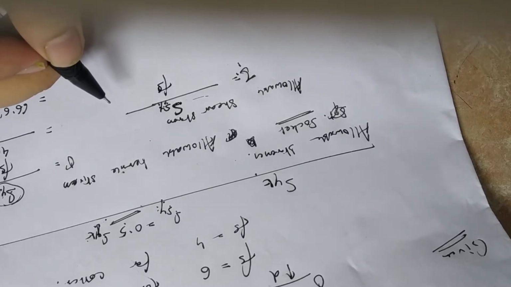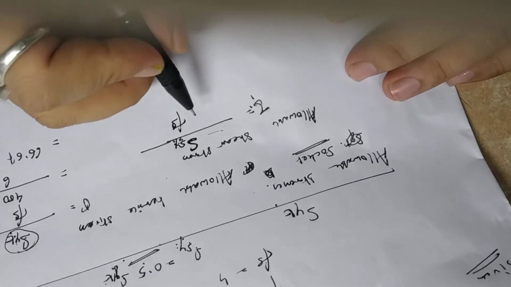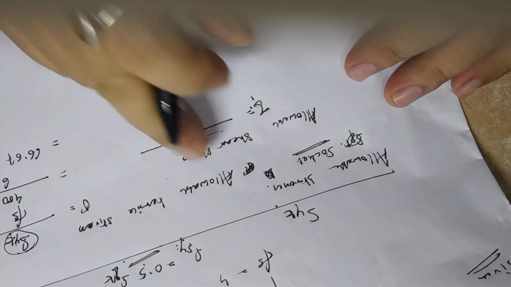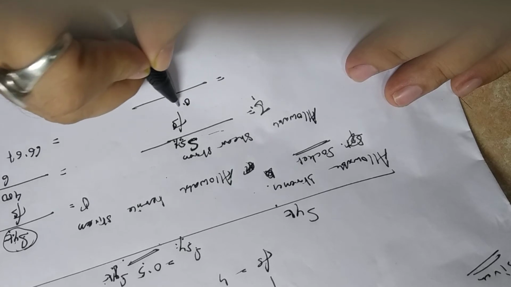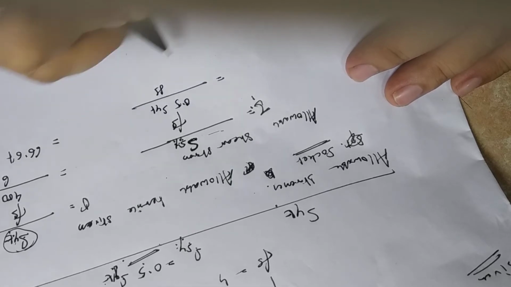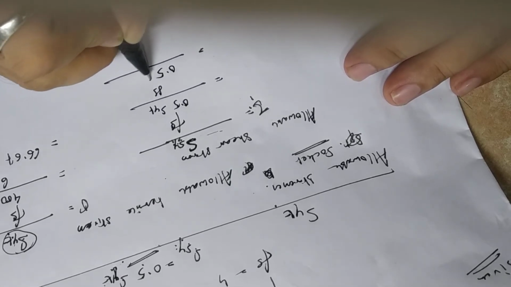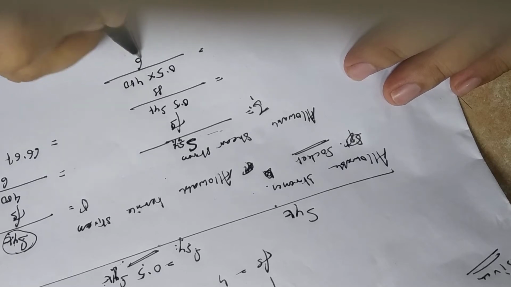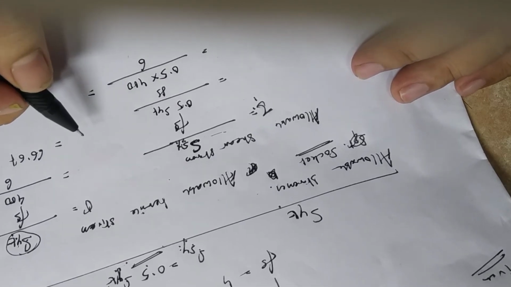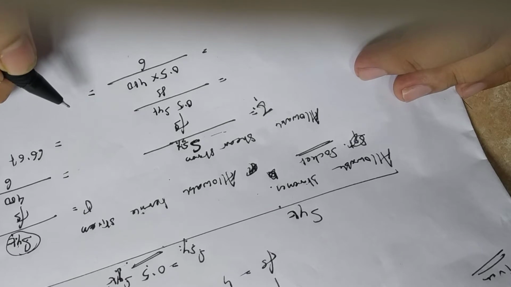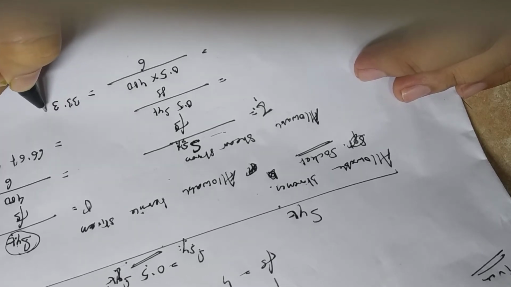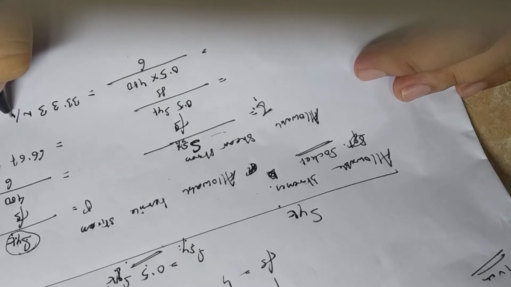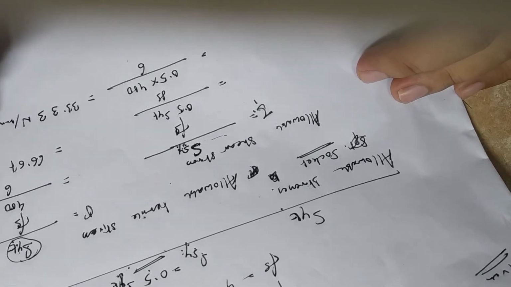This is 0.5 times SYT divided by factor of safety. So 0.5 into 400 divided by 6, and you will get around 33.33. The values have been already found here.